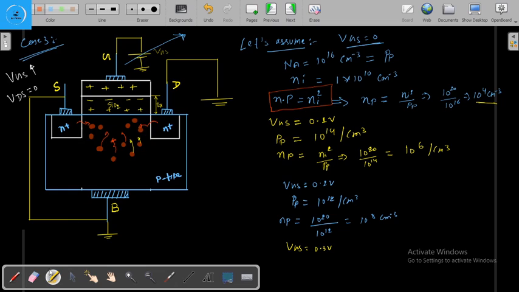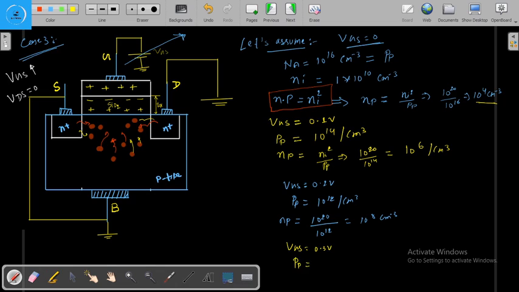The more electrons come here, and hence the concentration of the electrons is still increasing near the SiSiO2 interface, and the concentration of the holes is decreasing near the SiSiO2 interface.